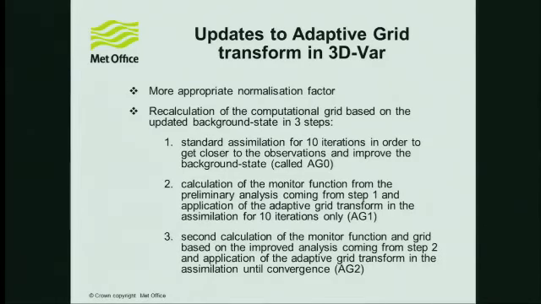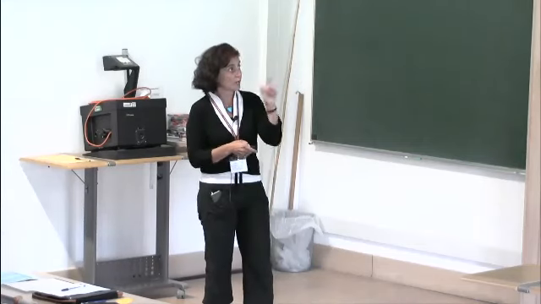So we have an updated background state, or first guess analysis, then use our adaptive tool based on that and iterate for another 10 iterations, and then recalculate the grid on the new assimilation stage that we get from stage 2. So basically, we calculate the grid twice when we update the background state or the forecast.